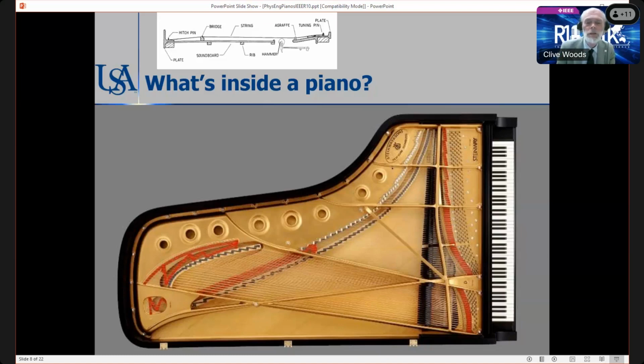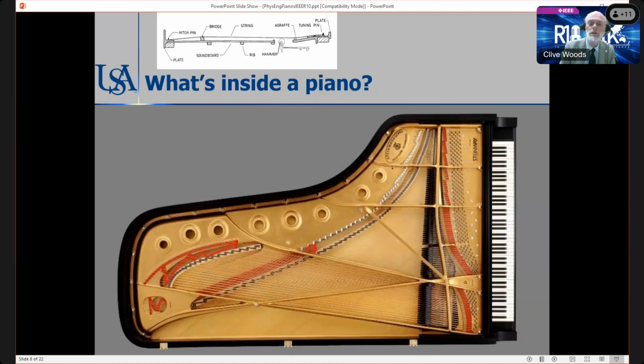The speaking length is in the middle. The speaking length is between the bridge, which couples the vibrations to the soundboard, and then at the other end on that diagram, the other node is what's called an agraffe, which is used on high quality pianos for at least some of the notes.